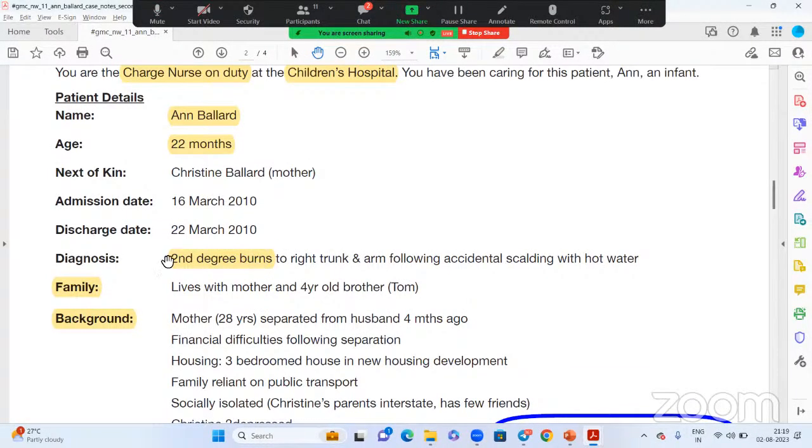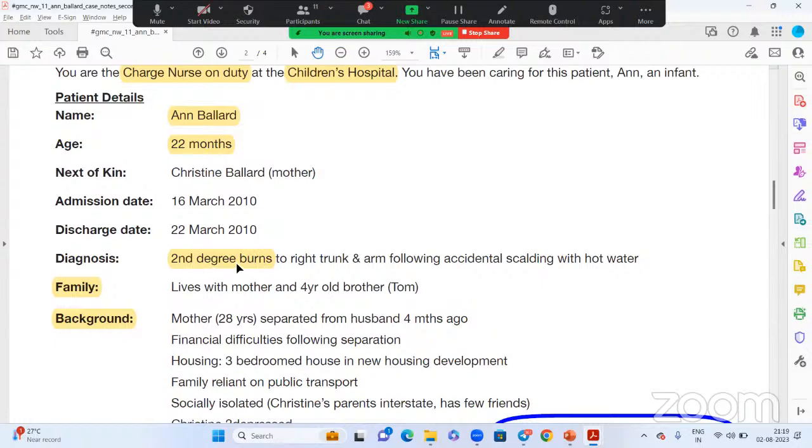Or she was admitted. That also you can write. Anyway, you can write who was diagnosed with, or you can say who was admitted following. Focus on which one you want. That's it. So diagnosed with second-degree burns.